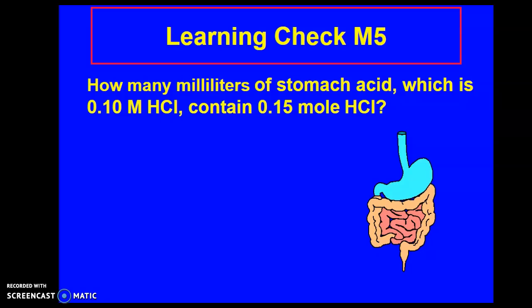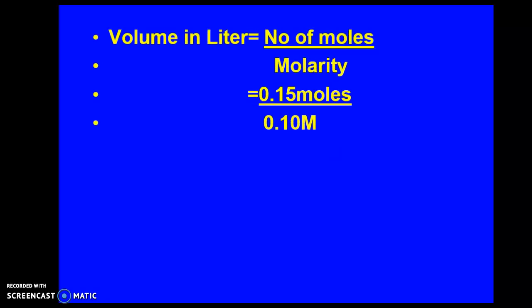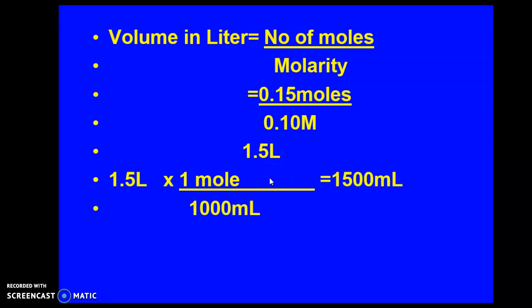Second practice: how many milliliters of stomach acid, which is 0.1 molar HCl, contains 0.15 moles HCl? Volume in liters, same thing. Number of moles over molarity, 0.15 over 0.1. That will give you 1.5 liters.